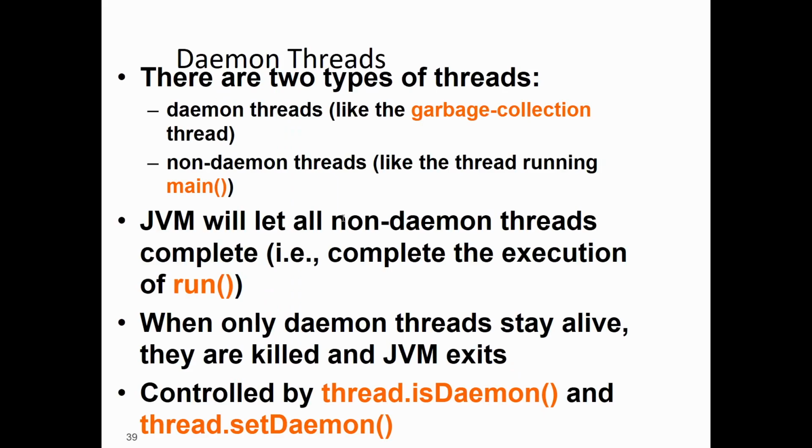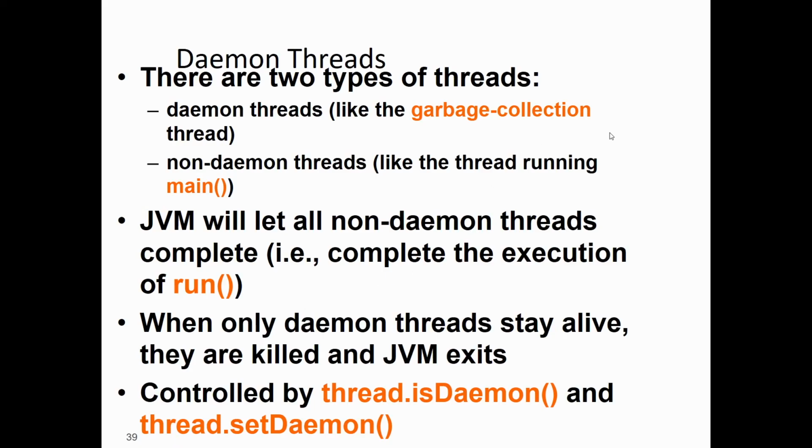I have mentioned the daemon. Generally, all threads are non-daemon threads. For example, the main is a non-daemon thread. And you can at any time change a normal thread to a daemon thread. There is a method called setDaemon. What is the difference between a daemon thread and a non-daemon thread?